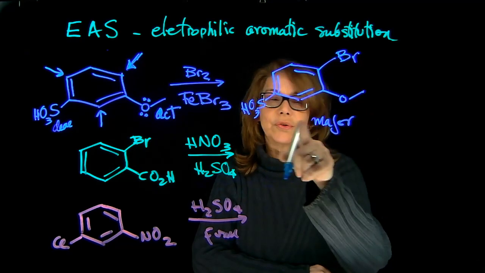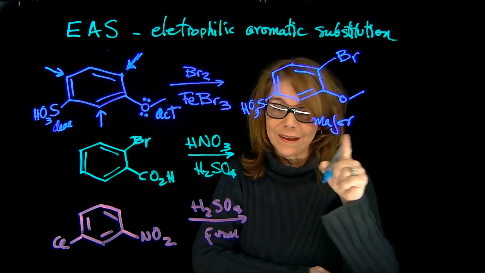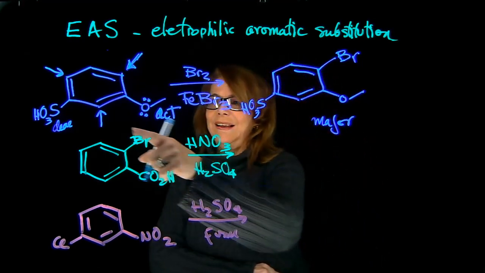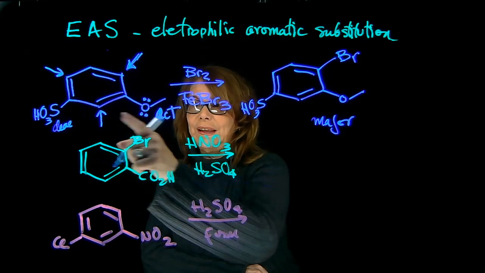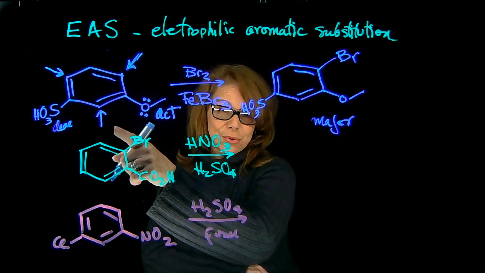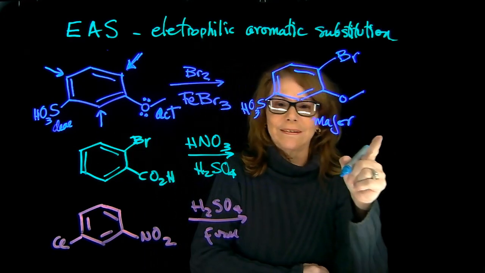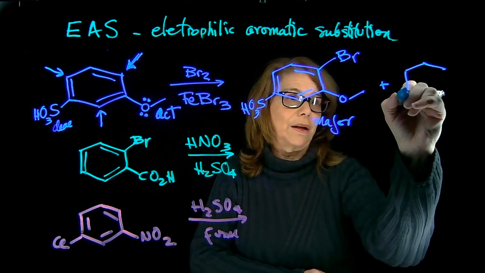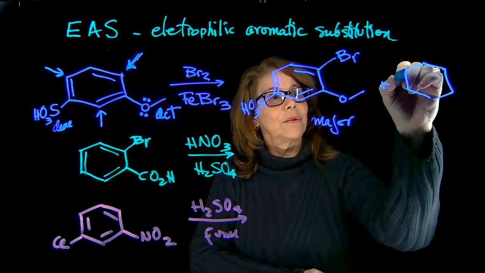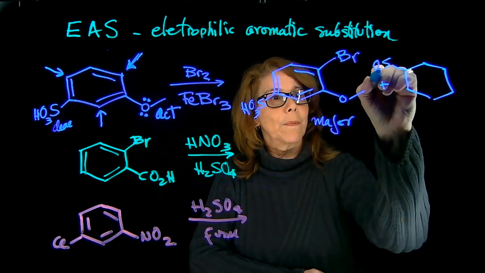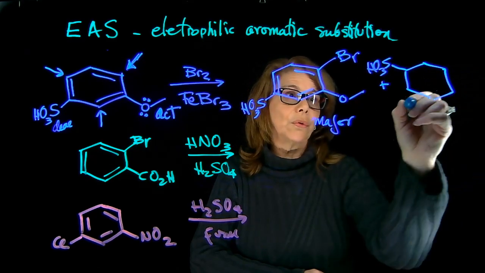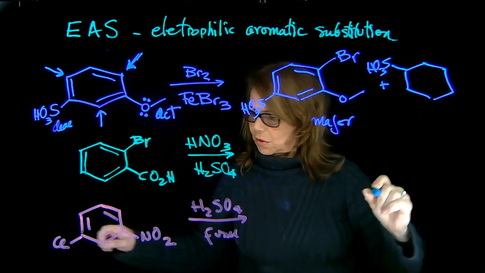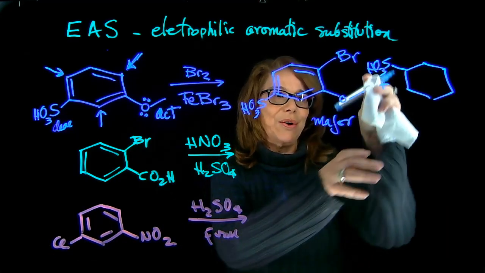And you will have other two products, but notice that one that is not going to form is this one here. Notice that it is going to be in between two groups. So that's the largest steric hindrance. If you did have another product, it needs to be here, where you do have a steric hindrance. Oh, that's not what I wanted to draw.